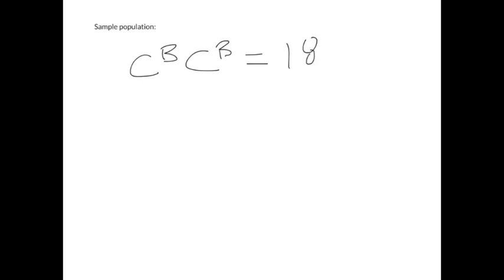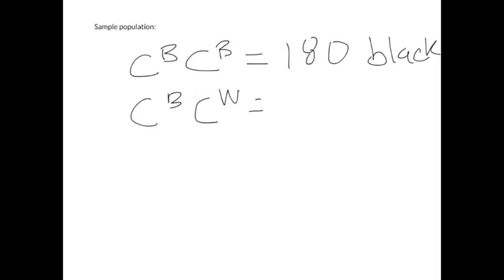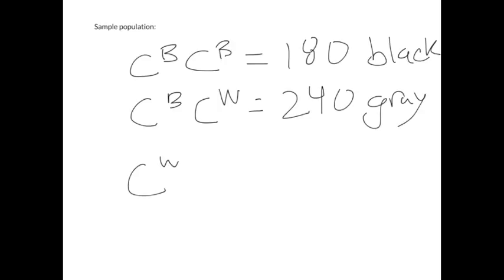If we look at a sample population of mice and we see that 180 have black fur, 240 have gray fur, and 80 have white fur, we can use this population information to calculate the frequency of the two alleles, CB and CW.